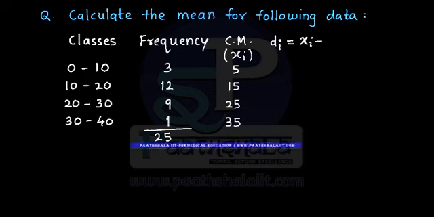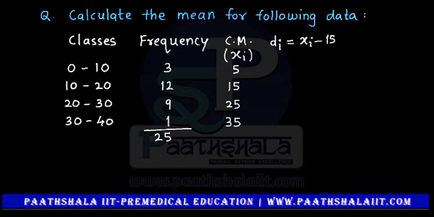Therefore from xi let us subtract 15. If we subtract 15 from 5 we get minus 10, 15 minus 15 gives 0, then 25 minus 15 gives us 10, and 35 minus 15 gives us 20. You see, all of these results of subtractions are multiples of 10, isn't it?